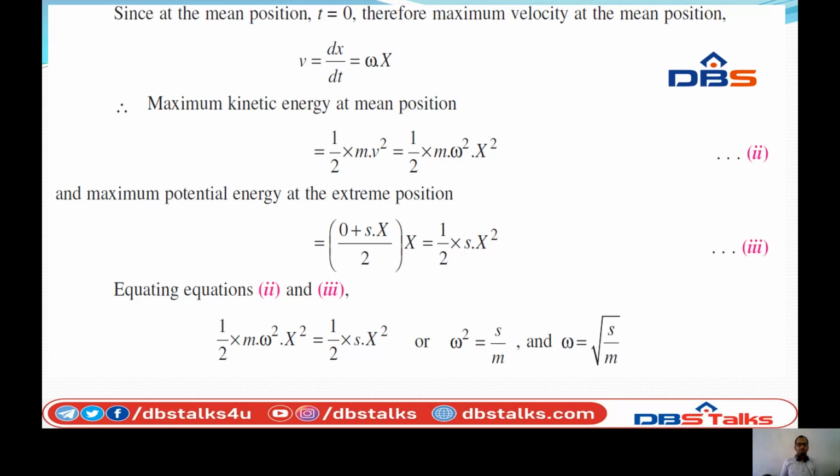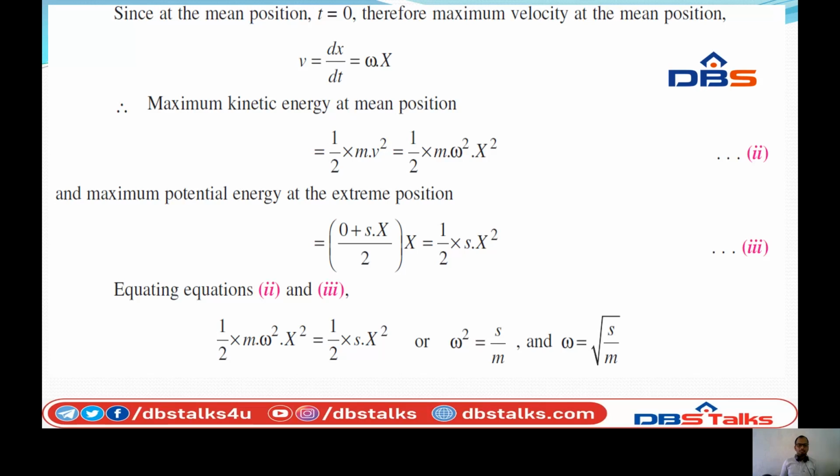Then the time period Tp equals 2 pi by omega, so 2 pi into square root of m by s. And the natural frequency is the reciprocal of the time period, so omega by 2 pi equals 1 by 2 pi into square root of s by m.